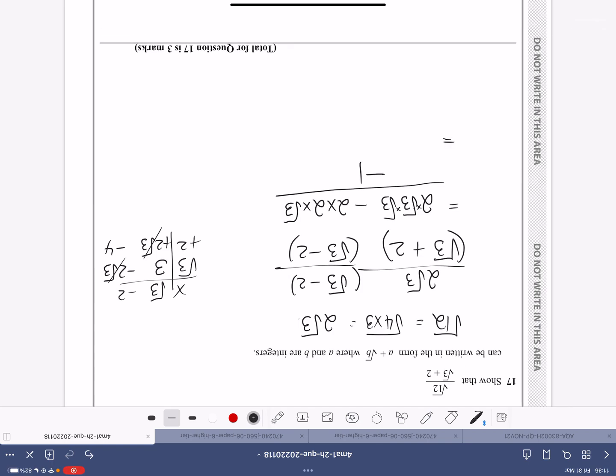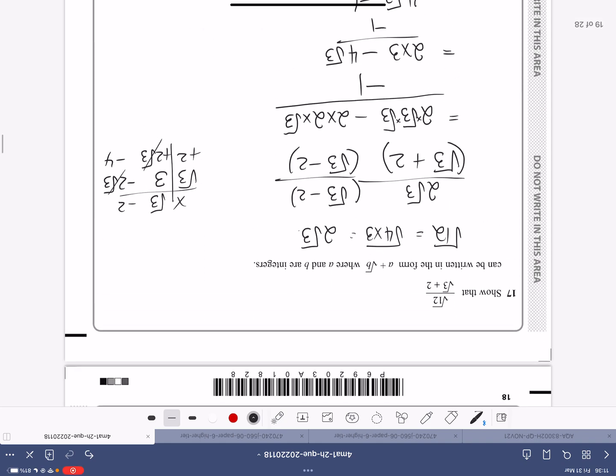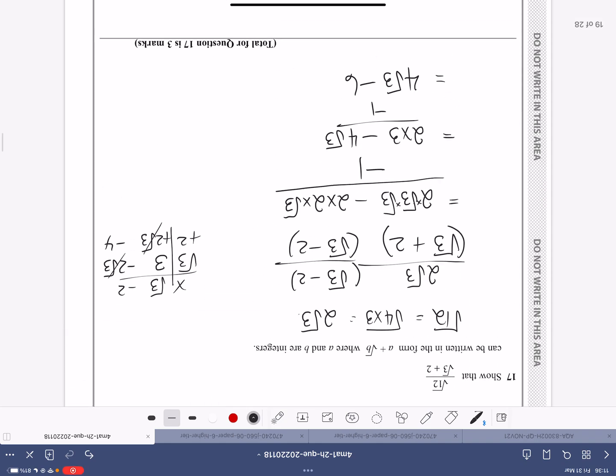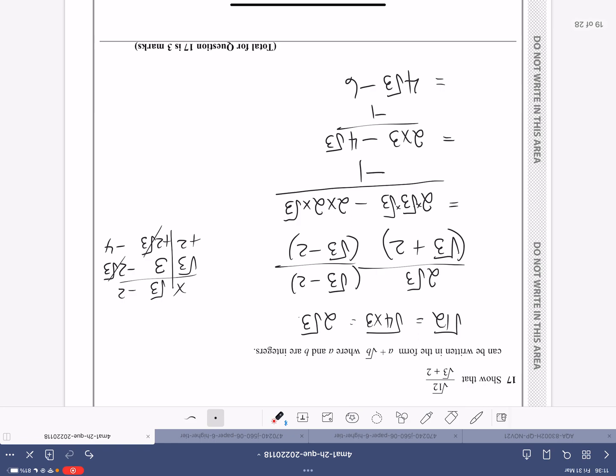So this is 2 times 3, because root 3 times root 3 is 3, minus 4 root 3 over minus 1. So this is actually plus 4 root 3 minus 6. And we want it with the A first.